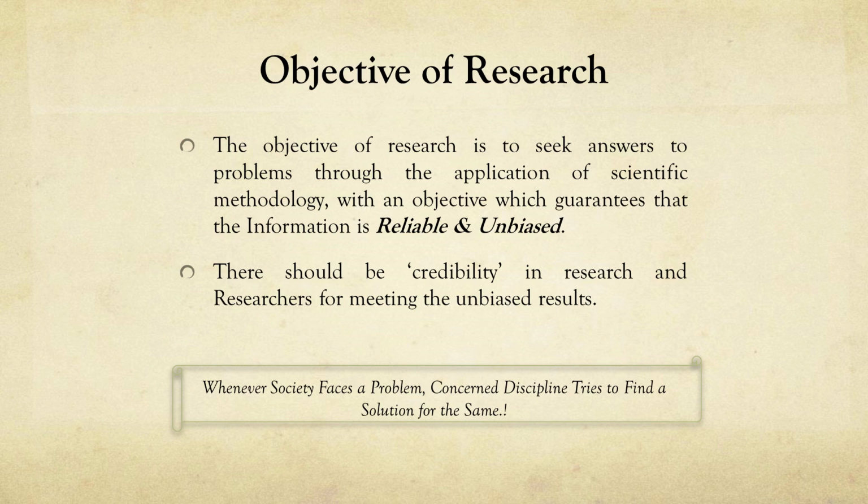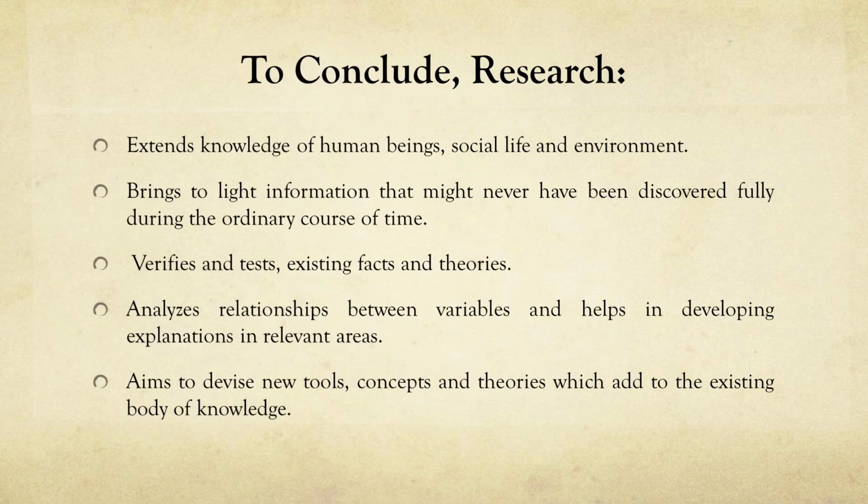It is said that whenever the society faces a problem, a concerned discipline tries to find a solution for the problem. So if you're trying to find a solution, you need to be reliable and credible in that solution. And that solution obviously has to be unbiased. So this is basically the objective or the aim of a research.